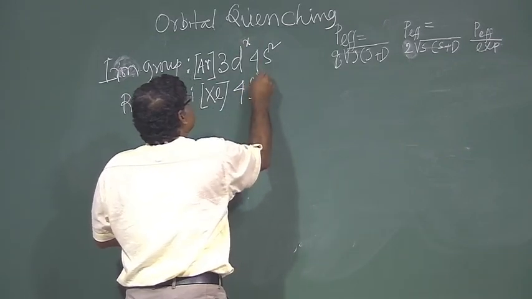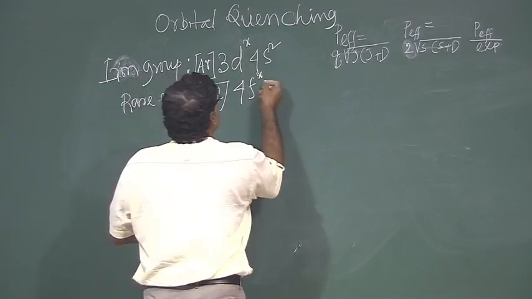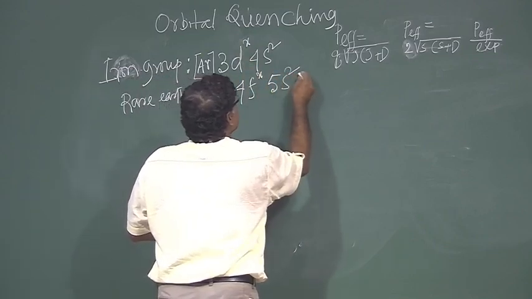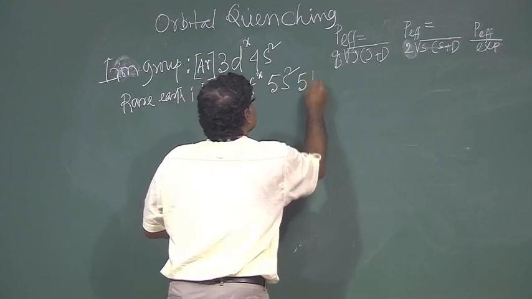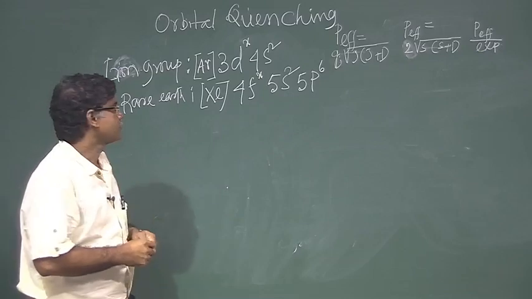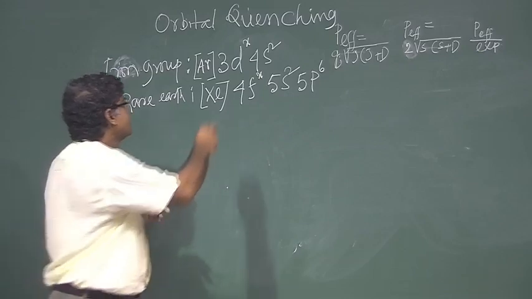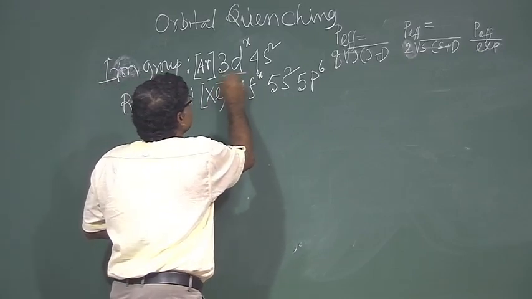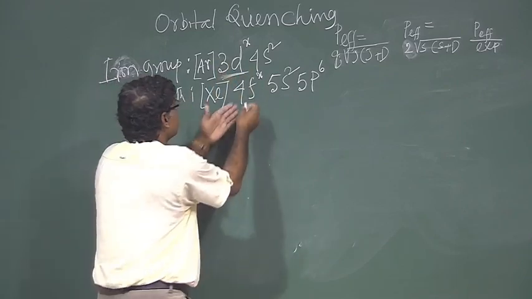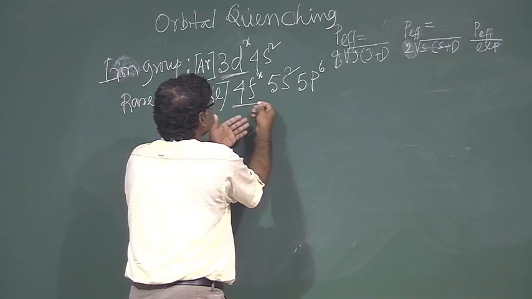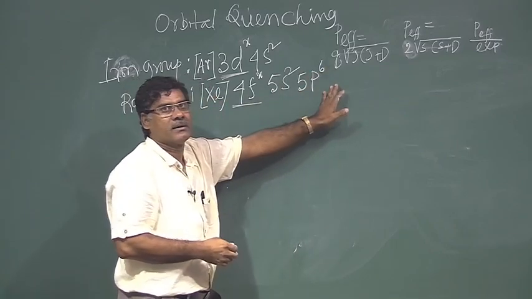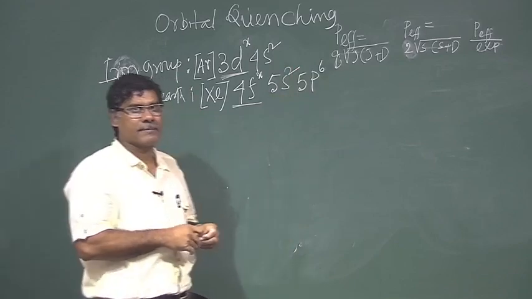I am writing x number of electrons, and then 5s2, 5p6. Okay. So, if you look at these two, this 3d is the outermost shell, whereas these 4f are quite inside, because outside them the 5p6 electrons are there.